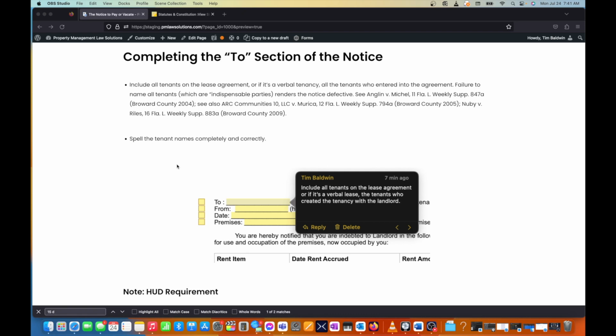One thing to really keep in mind as well is that we have to make sure the names are spelled correctly. There are times where there's a typo on the lease agreement, or maybe a typo in the software program we use. You want to make sure the names are spelled correctly, because it can present problems in the future if we go to enforce that notice through an eviction.